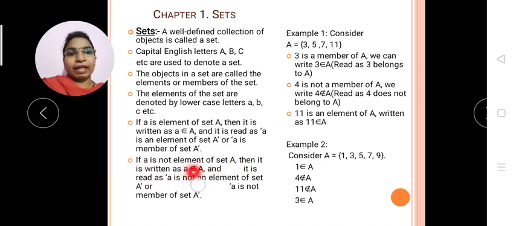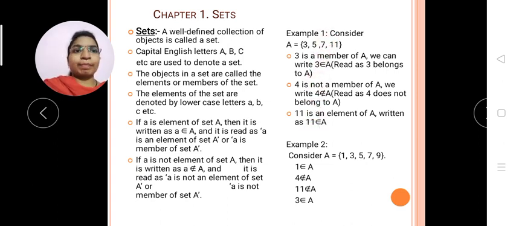It is written as a does not belong to A, and it is read as a is not an element of set A, or a is not a member of set A. Element or member means any object from the set.